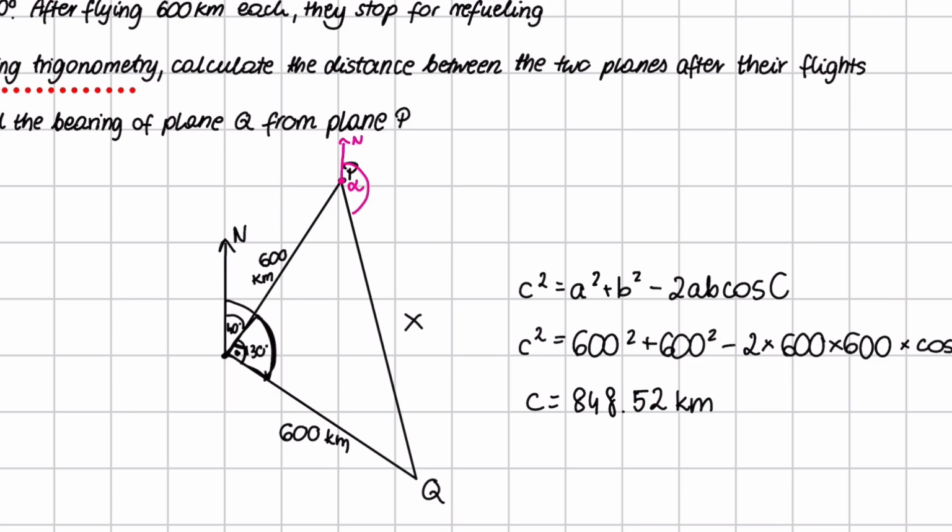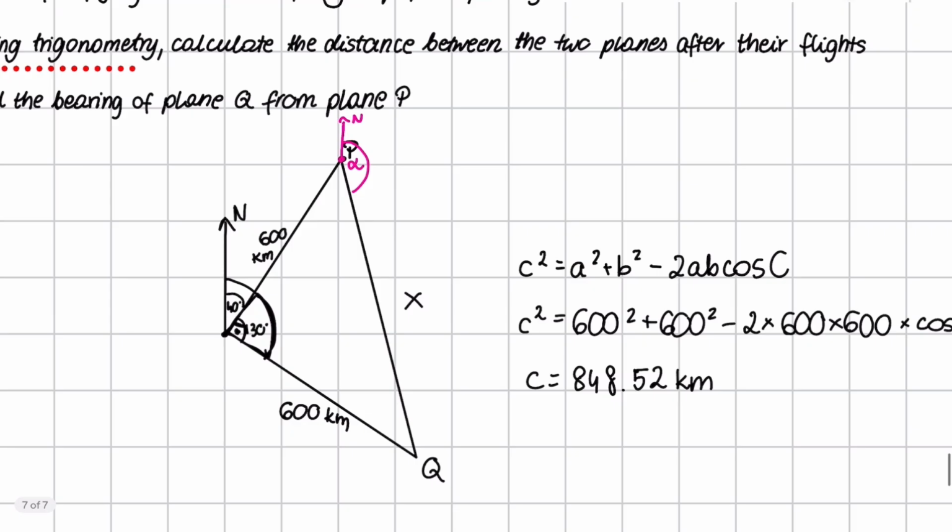And we have to decide what we want to calculate firstly. Because we know that this angle is 90 degrees and we know that these sides are the same, it means that these angles are also the same.